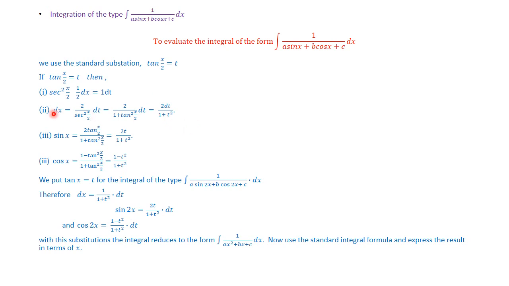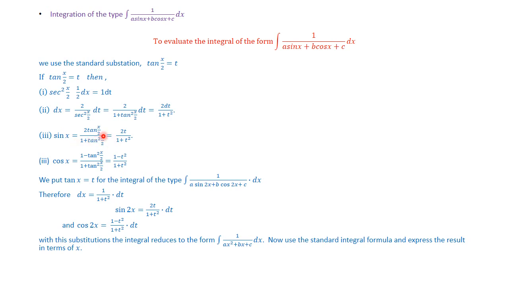Now this is about dx only. But what about sin x and cos x? How can we convert them in terms of t? Let us see. Sin x is equal to, we know that sin 2 theta is equal to 2 tan theta by 1 plus tan square theta. Here in place of 2 theta we have x.